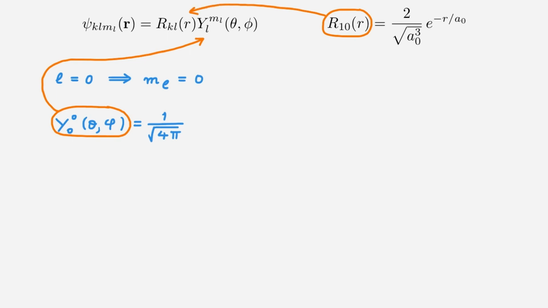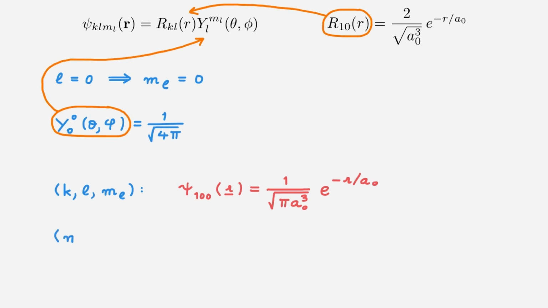With this, we get the ground state wave function using the KL-ML quantum numbers, and we end up with the ground state wave function of the hydrogen atom as equal to this prefactor times this exponential. If we instead use the NL-ML notation, in this particular case, the ground state is also labelled as psi 100, and of course it's given by the same expression.